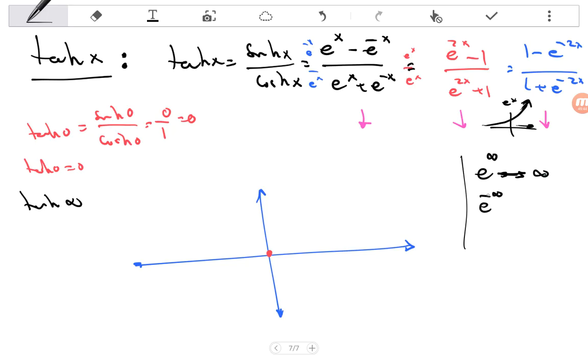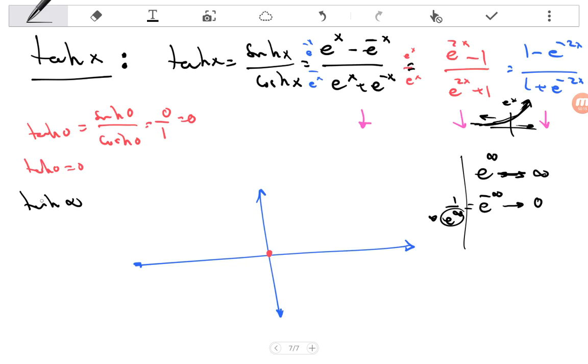What about e power negative infinity? If you go to the negative infinity side, the exponential will decay until it approaches 0. You may look at it as 1 over e power infinity, and 1 over infinity is 0.